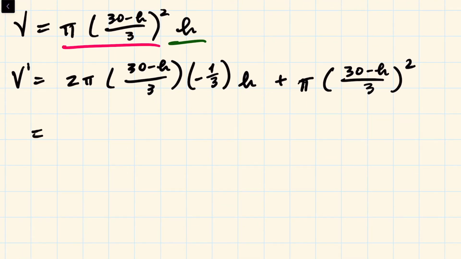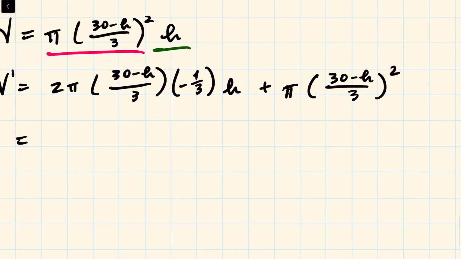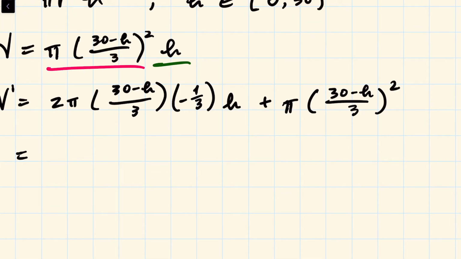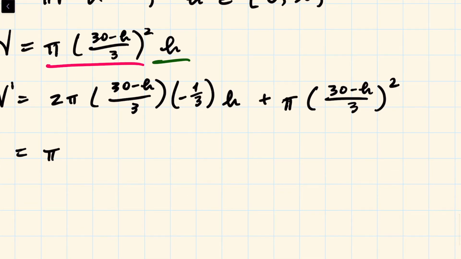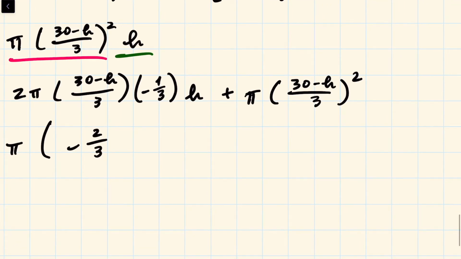We will factor out a pi first, right? And then inside the brackets, let's multiply this 2 by this negative 1/3 right off the bat, so we're going to get negative 2 over 3. And that's multiplied by 30 minus h over 3.